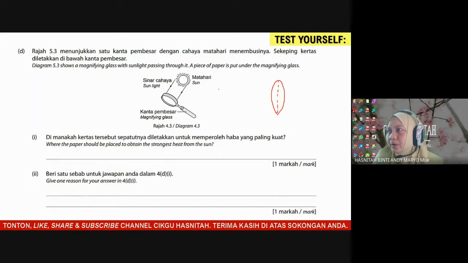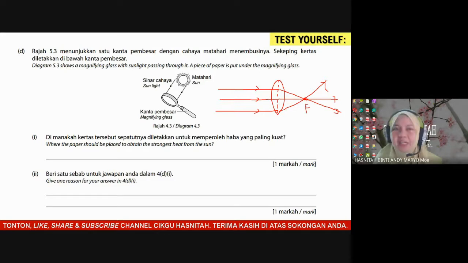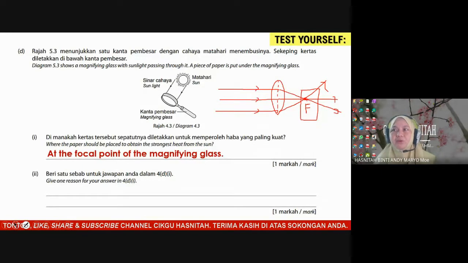The light from the sun travels parallel, right? So where will the sunlight be refracted to? It will be refracted at the focal point. The light and the heat will be concentrated here, so this is where we should place our paper. You should place your paper at the focal point of the magnifying glass.